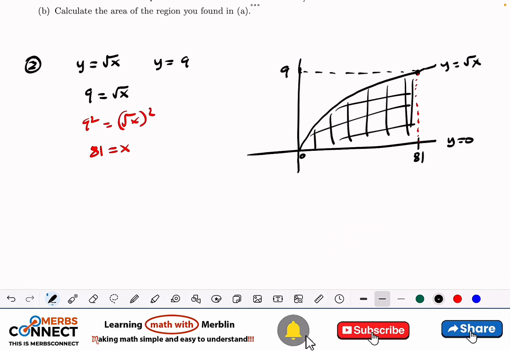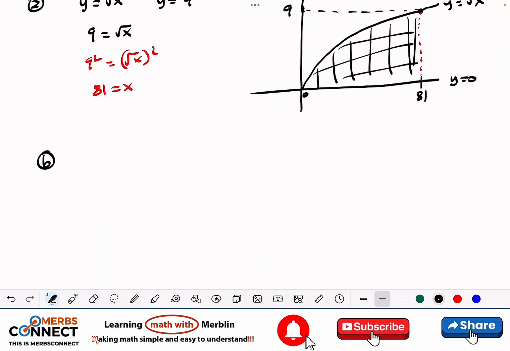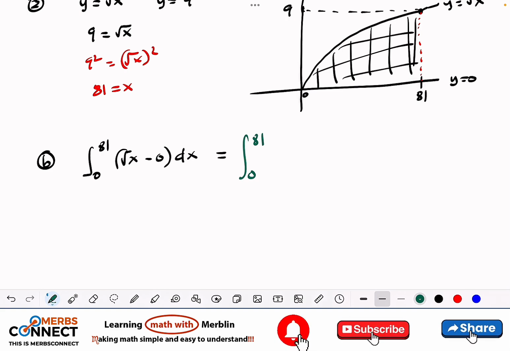So basically, when we are doing the integration, it is going to give us the integral from 0 to 81 of root of x minus 0 dx. So this is going to give us the integral from 0 to 81 of root of x dx.